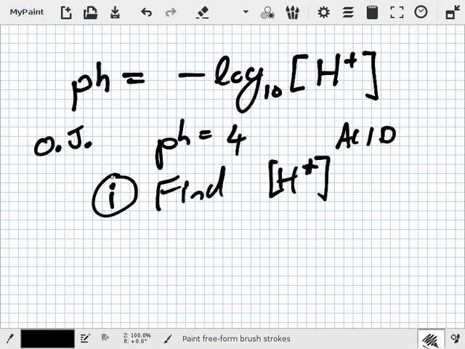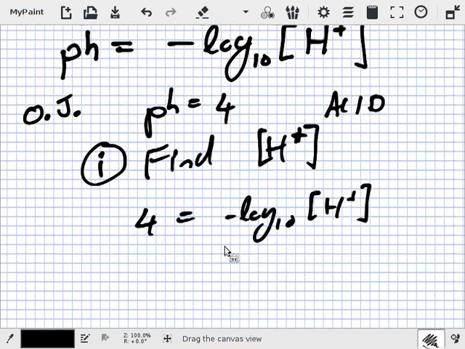Okay, we should be getting answers coming in now. Many answers? Concentration is 4? Doesn't quite seem right. 10 power minus 4? Sounds right. So look, you need to figure out what the H plus is if you're saying 4 equals minus log base 10 H plus.